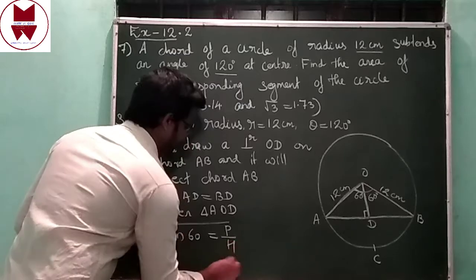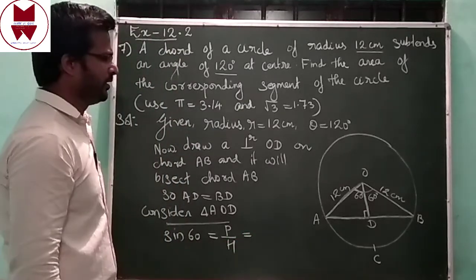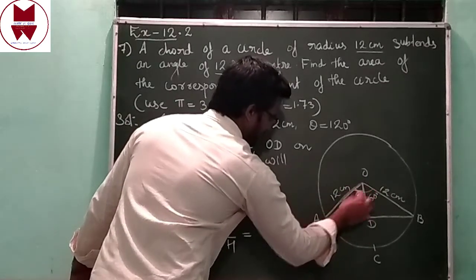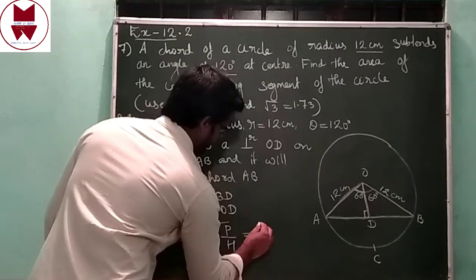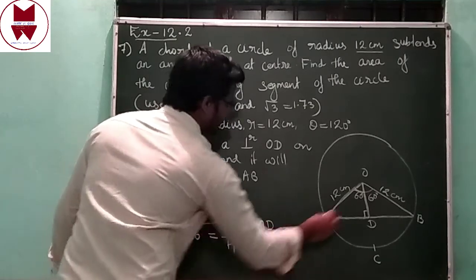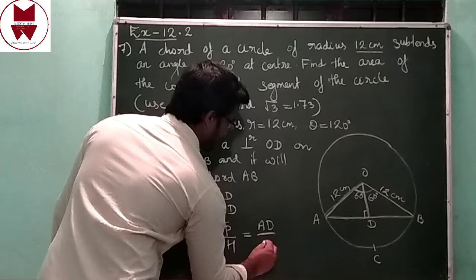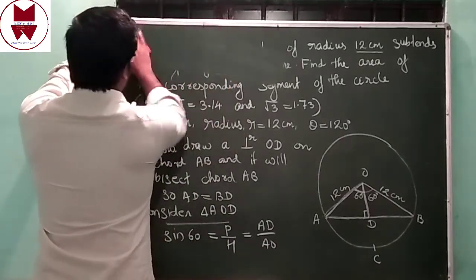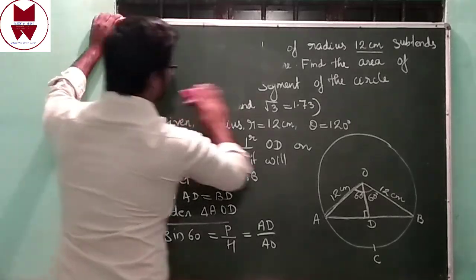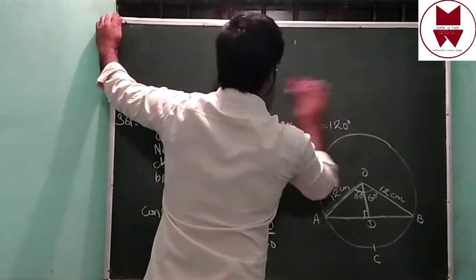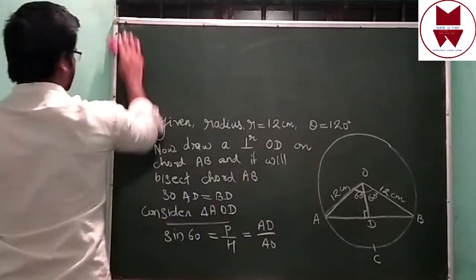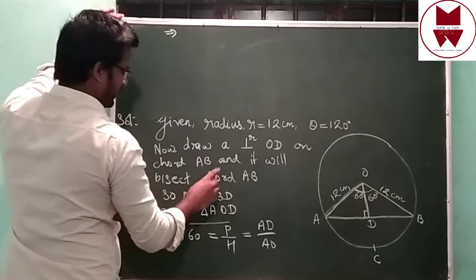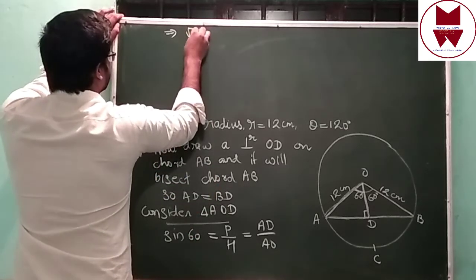In this triangle, just opposite the angle is the side AD, divided by the hypotenuse AO. The value of sine 60 was already studied before, that is root 3 by 2.